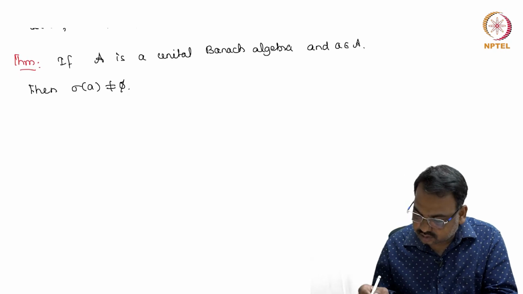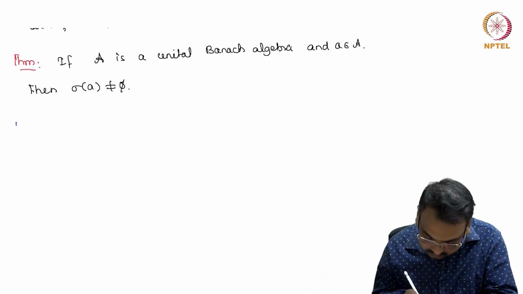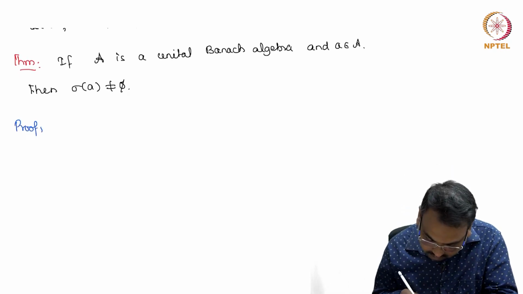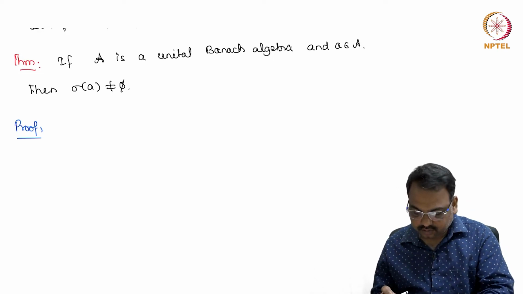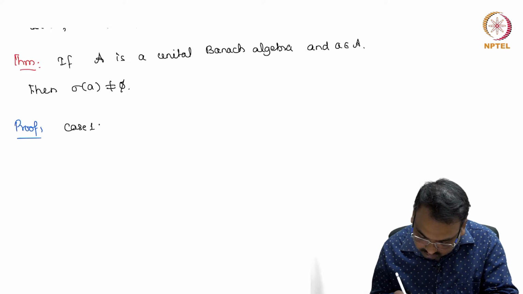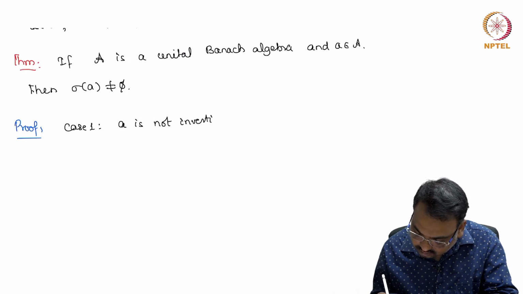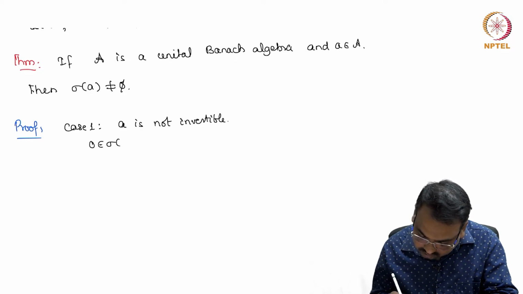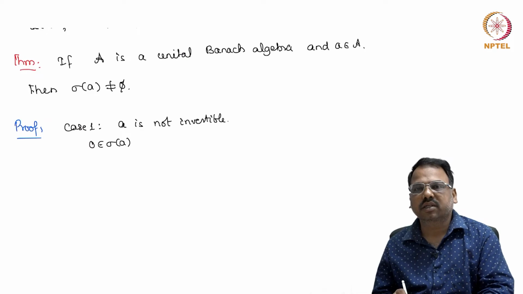Okay, so let us look at the proof of this result. Let us look at case 1. a is not invertible. Then in this case, 0 is always in the spectrum of a, and the spectrum is non-empty.